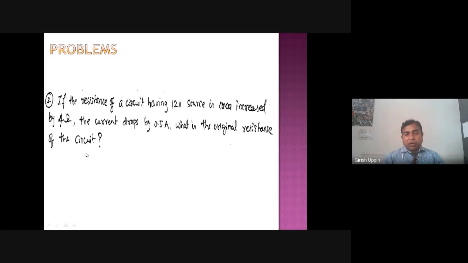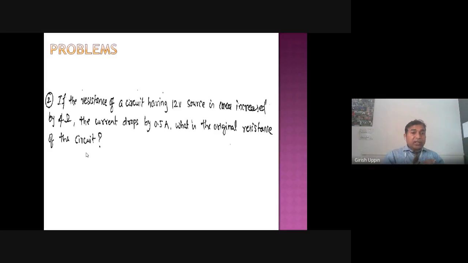So how you can start with this problem is, initially they have connected one resistor to a 12 volt source. Some amount of current is flowing in that circuit. In the second scenario, they have added 4 ohms to the original value. Let us say the original resistance is R naught, because it is not given. If I add 4 ohms to R naught, it will become R naught plus 4.